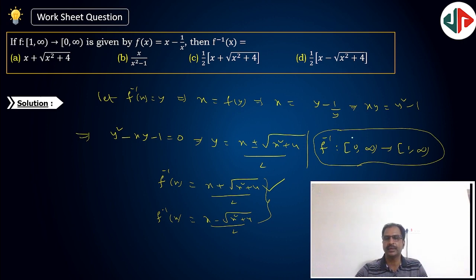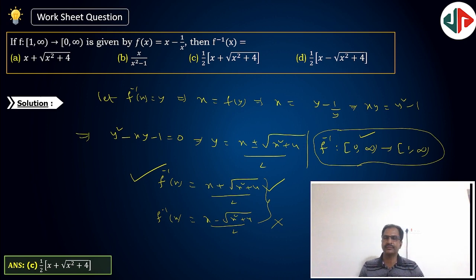In this domain, if you take any value for x from 0 to infinity and substitute here, the first one will be more than 1. And this, suppose if you take x is equal to 1, 1 minus root 5 by 2 is not more than 1. So f inverse x is equal to x plus under root x square plus 4 by 2 is correct. Option C is correct.